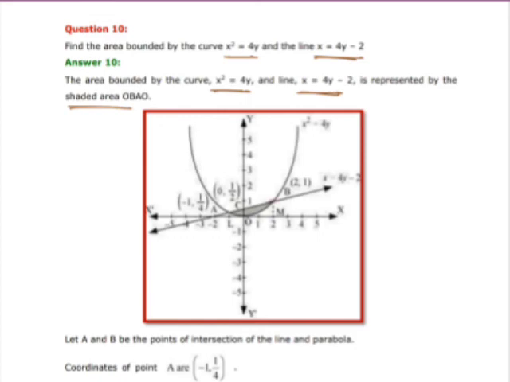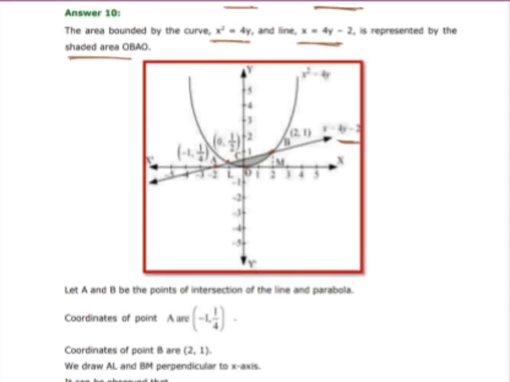So we have the graph x square equals 4y and the line 4y minus 2. We have plotted the line and the points of intersection are here: minus 1 comma 1 by 4 and 2 comma 1, right? So you have to find the shaded region here.